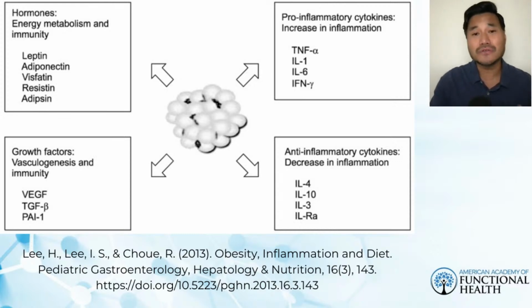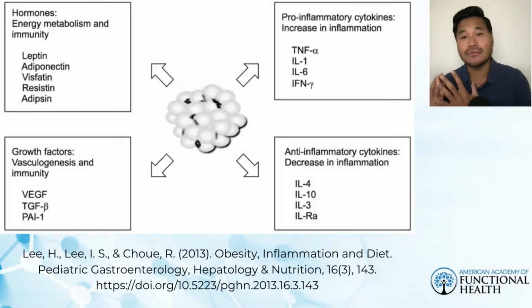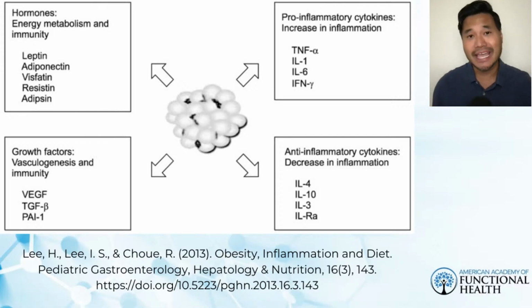So it's extremely important to understand that maintaining a healthy weight, choosing those anti-inflammatory foods, and providing your patients with an anti-inflammatory food list or a guideline, or having them work with a functional nutrition coach will be very beneficial for that. And then having them stay physically active.